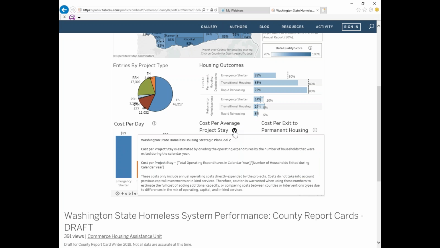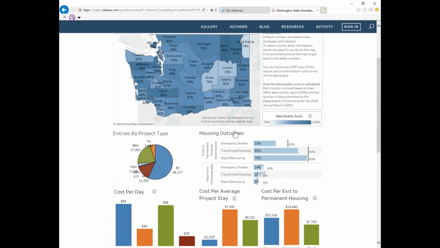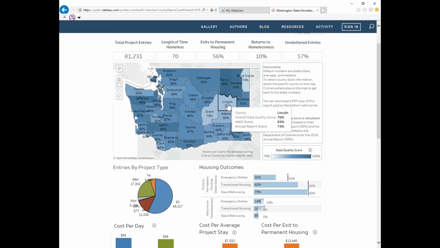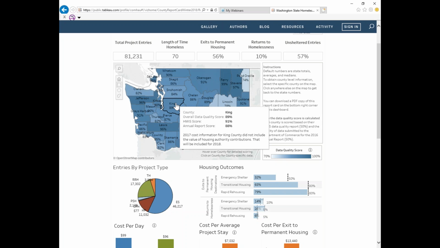So there's a general disclaimer about what expenditure data is actually included in here. And then we can add information to the counties if you have an additional comment. For example, King County added a little comment here. You can add additional information.